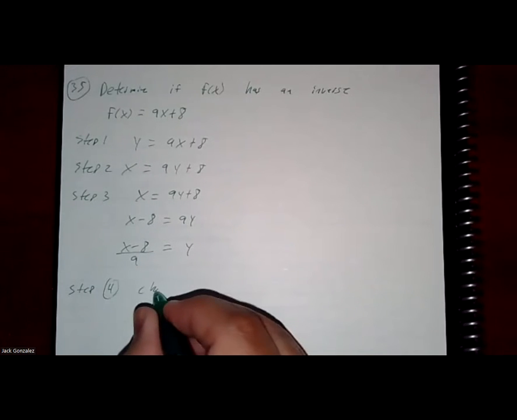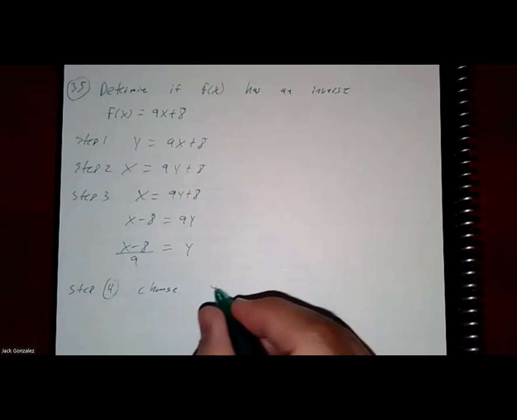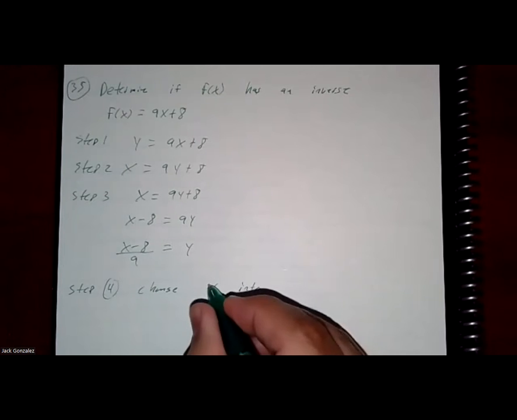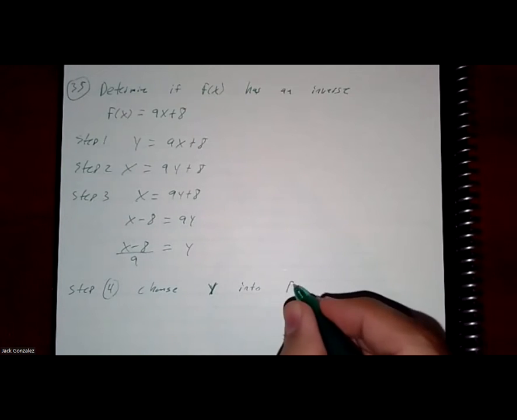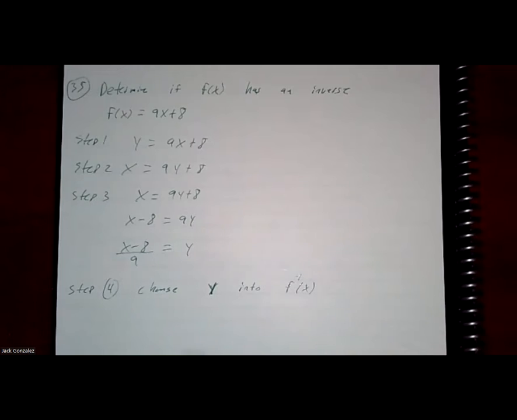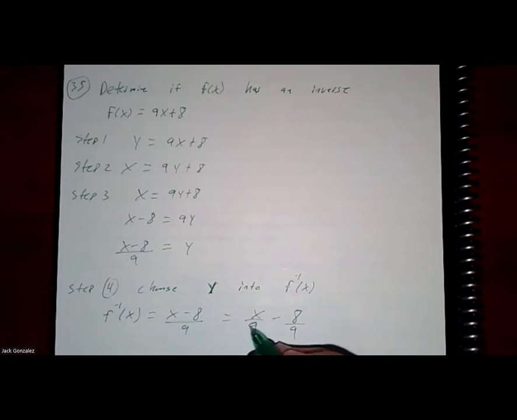And that's it. Step 4, change y into f inverse of x. So f inverse of x is equal to x minus 8 over 9, which is the same as x over 9 minus 8 over 9. Just in case they write it different. It's the same thing.